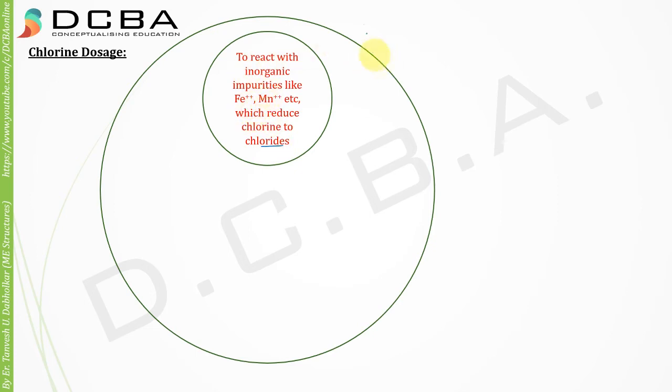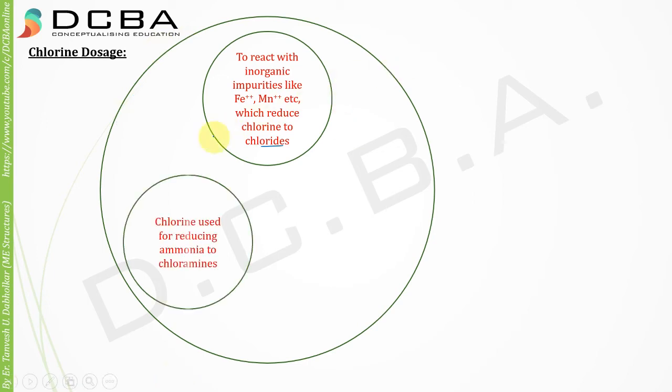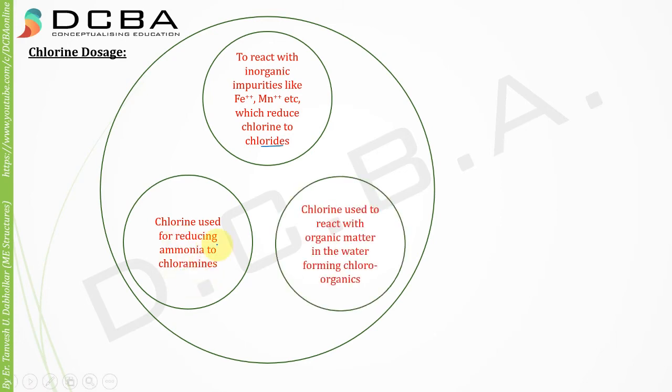Then again, some part of the entire chlorine dosage would be used to react with ammonia to form chloramines, the chloramines that we just saw: nitrogen trichloramine, dichloramine, monochloramine. Some part of the chlorine would be used to react with the organic matter that is in the water.